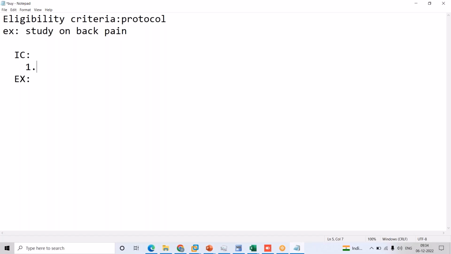So we'll include that in the inclusion. Is the patient suffering from back pain? Since 6 months or 4 months, 5 months, whichever. Yes, no.